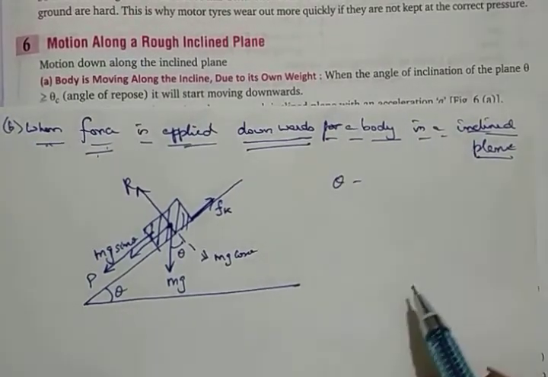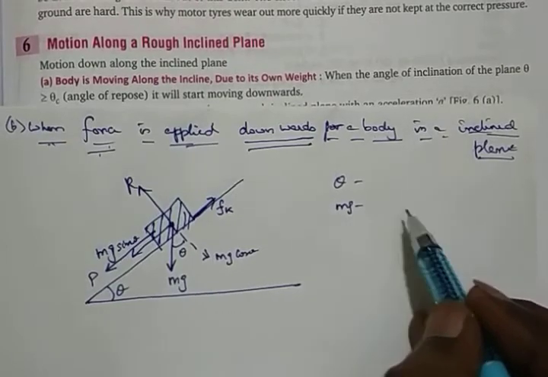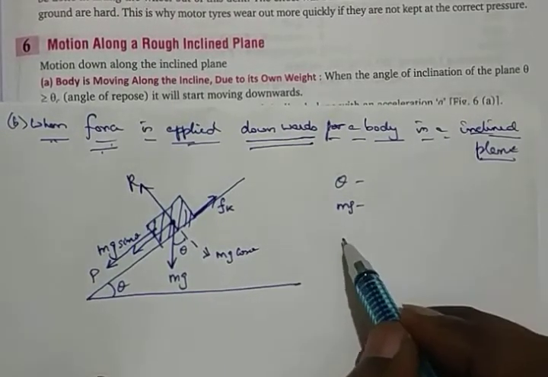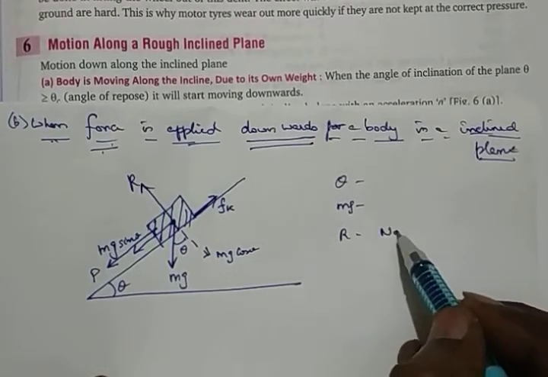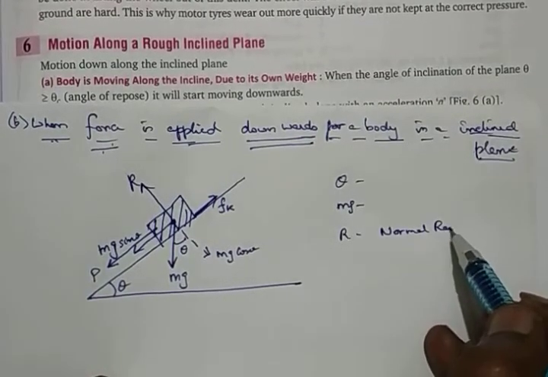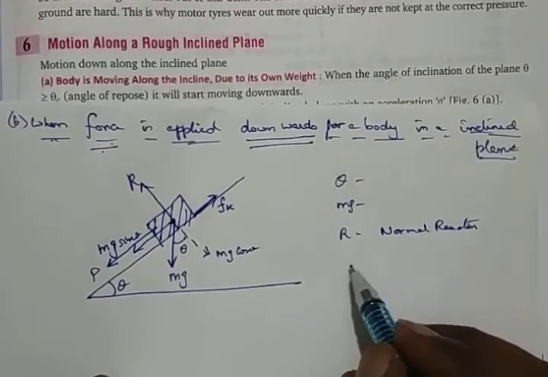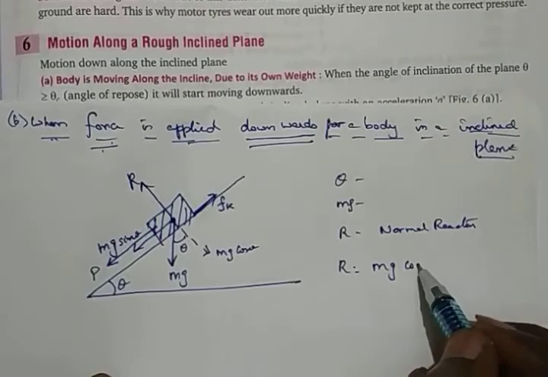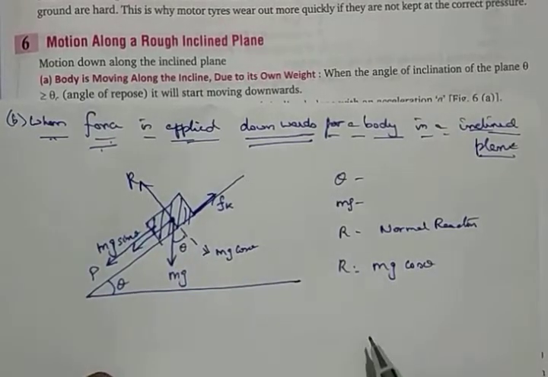What is theta? The angle of the inclined plane. What is mg? The weight of the body acting downwards. What is R? The normal reaction. So the normal reaction you can write here as R is equal to mg cos theta. We already know these two are opposite to each other.